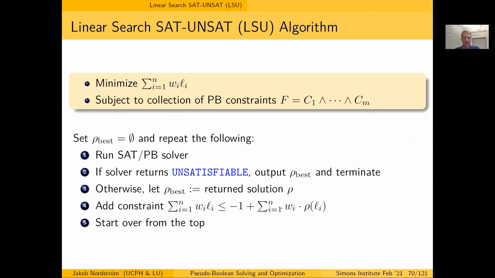And now we add a constraint asking for an objective function value that is 1 smaller than this. So we add this constraint and then we run the solver again. Next time, either it will have to return a better solution, in which case we update, or if it turns out that we already found the best solution, then the solver will return unsatisfiable, and then we return the best solution.